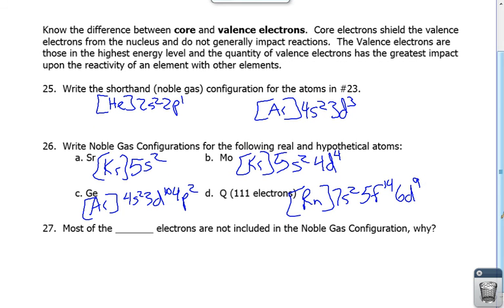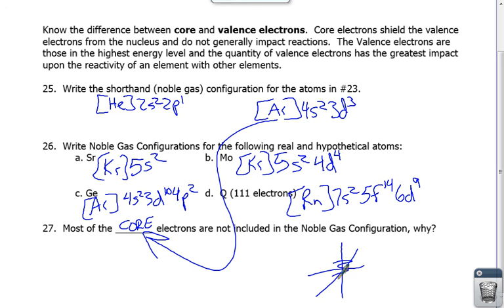Here's a good question. Which electrons are not included in the noble gas configuration? The core electrons. We don't worry about the core electrons. So when we've written argon here, all of those electrons that argon represents are the core electrons. Core electrons are on the inside. So you have all these electrons around the nucleus, and then you have the outside.